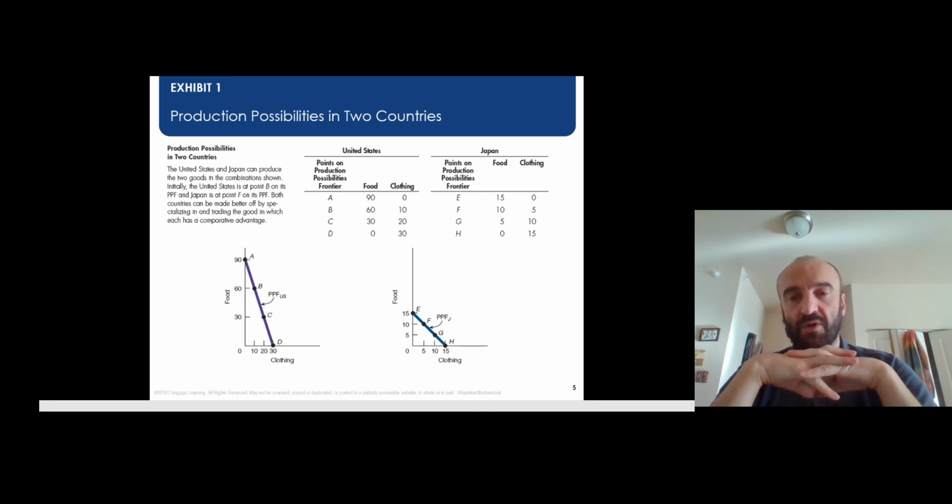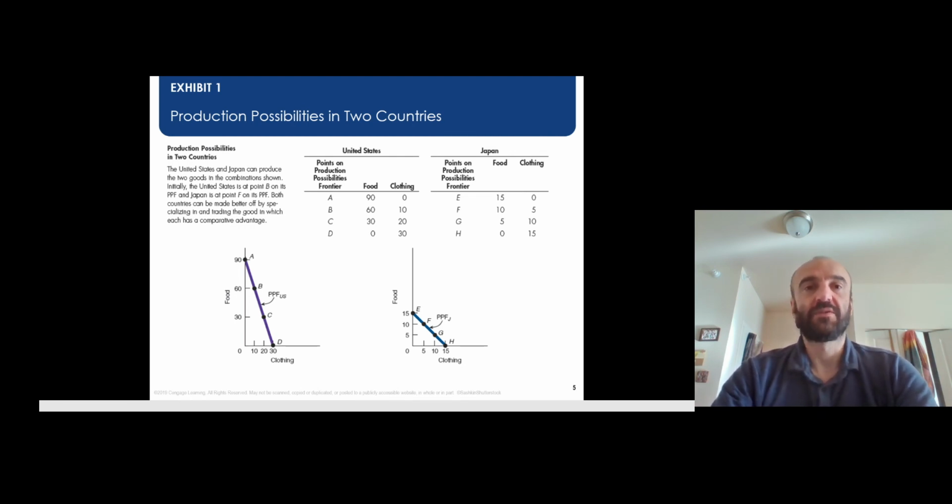A person or a country or an economic unit of any kind or size has a comparative advantage over another economic unit in producing something if that person can make that particular product at a lower opportunity cost than the other person or unit.